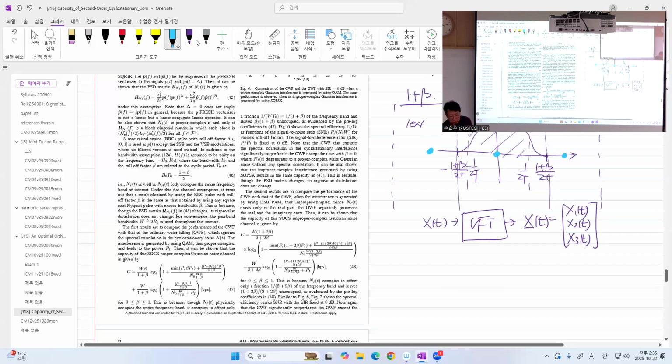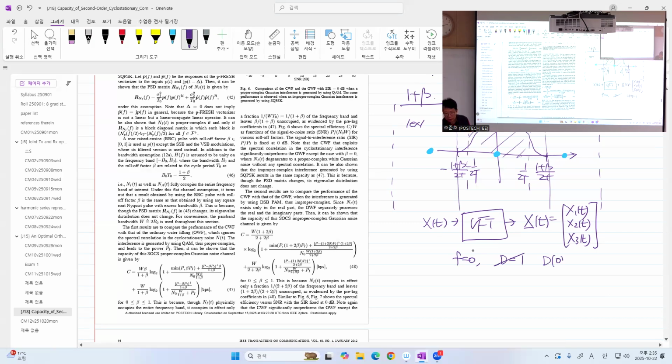For f equals 0, you have dimension 1. So let's say D of 0 equals 1.